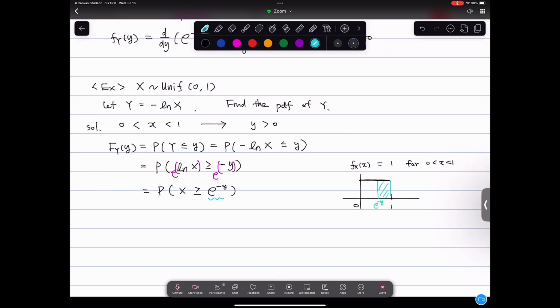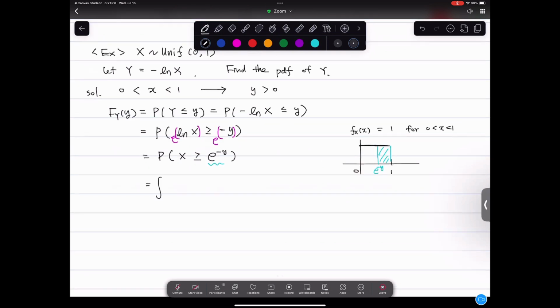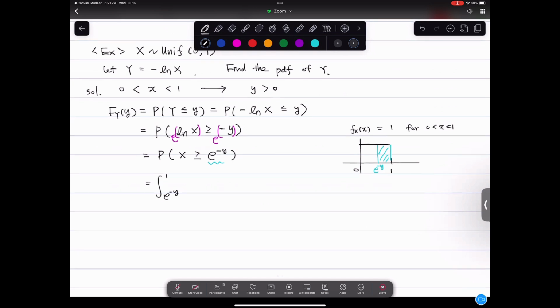So I want that probability, which is the area of the rectangle. If I go properly, you go from e to the negative y up to 1 of your PDF, which is 1, dx. So you should be getting the base of this rectangle, 1 minus e to the power of negative y, and height is 1. This is the area of the rectangle. So this is my CDF.